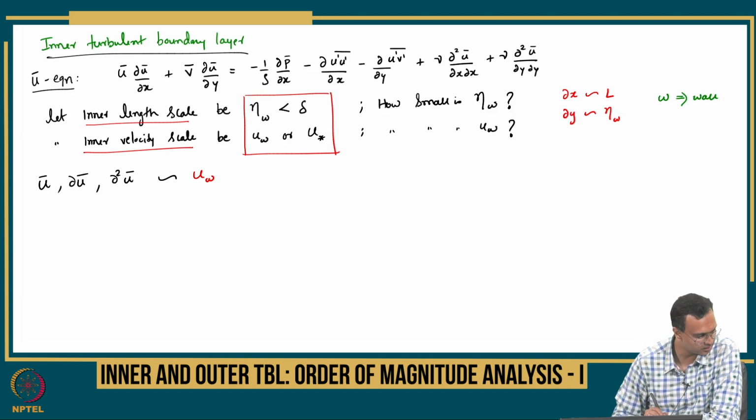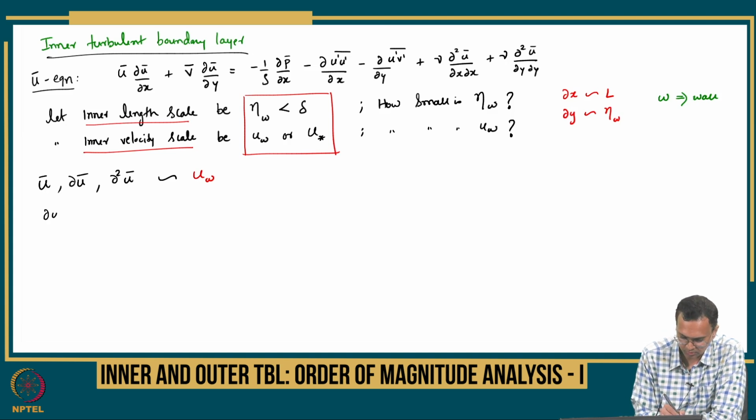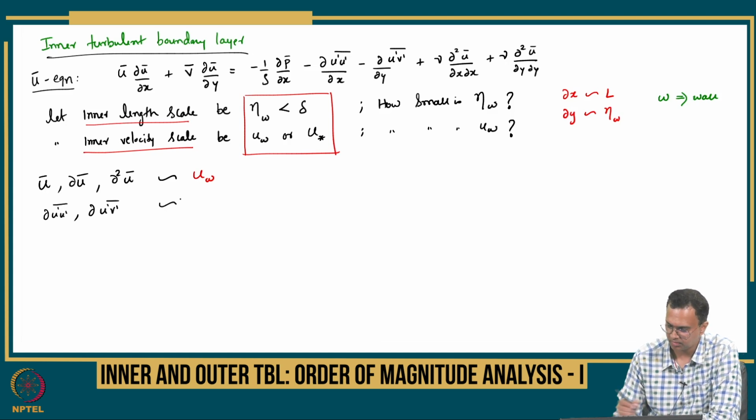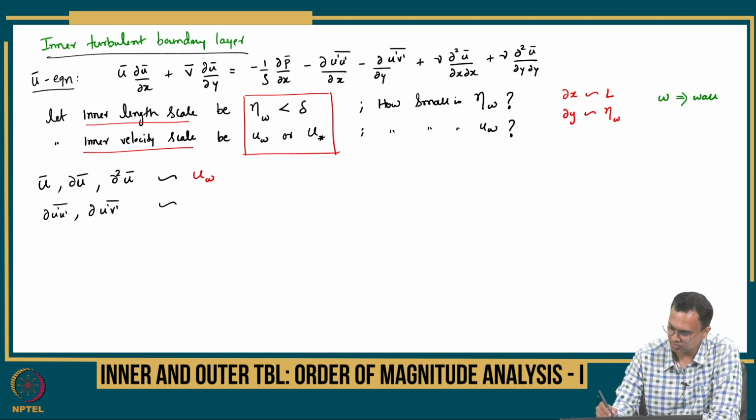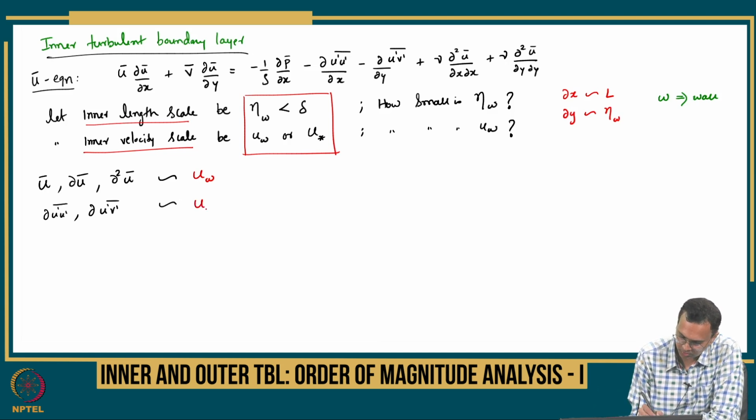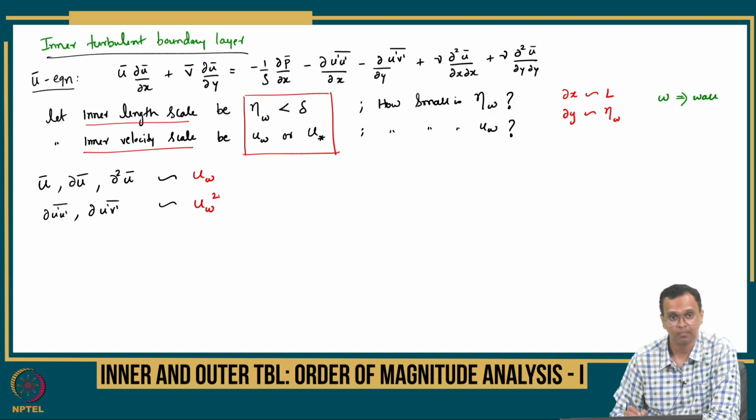What about the turbulent terms? Now we have ∂u'u' bar as well as the shear stress u'v' bar. What do I do here? I am going to use also the same scale.